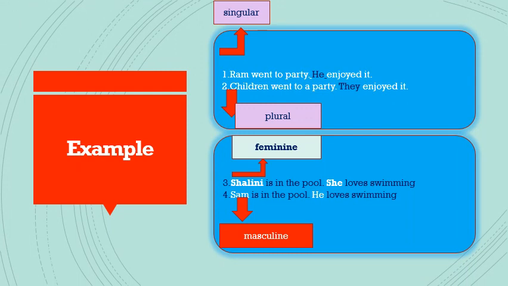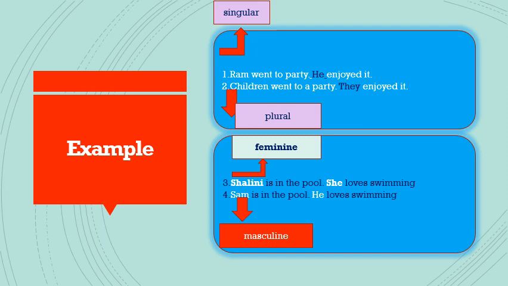So children, over here, the first example: Ram went to a party, he enjoyed it. So he over here is a personal pronoun because it's being used in place of Ram. Now Ram and he both are in singular form. But if I change it to plural form and say children went to a party, they enjoyed it.